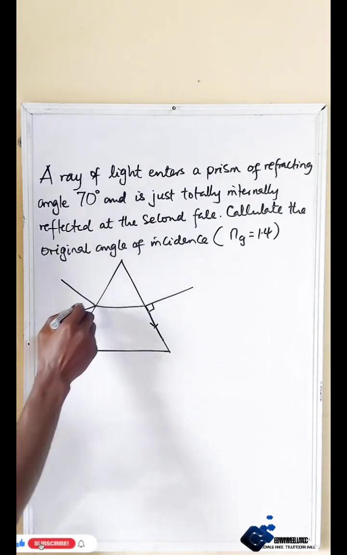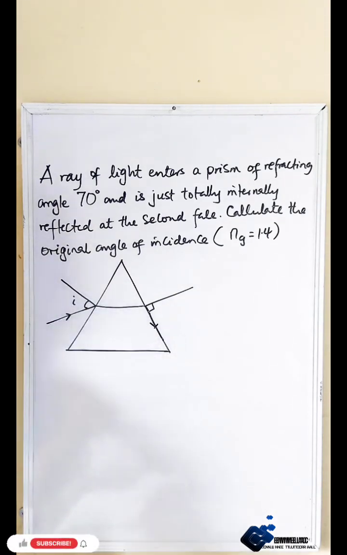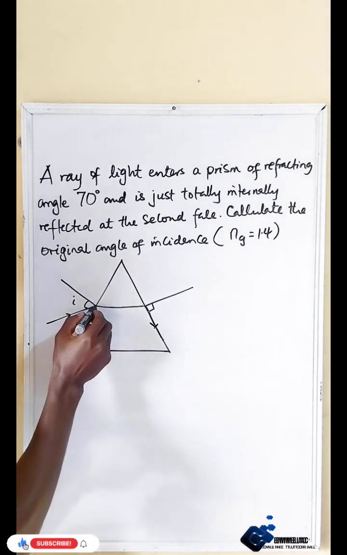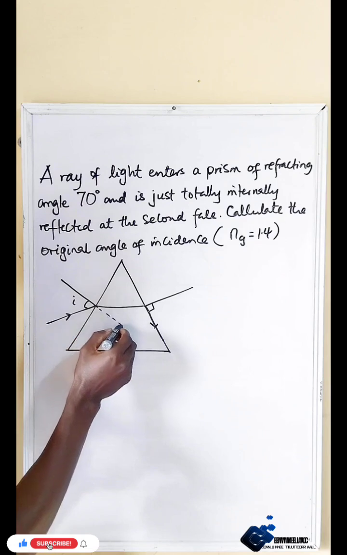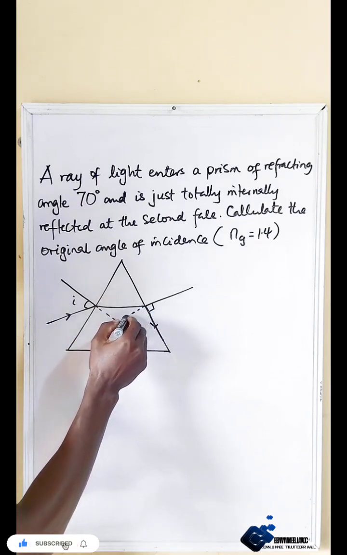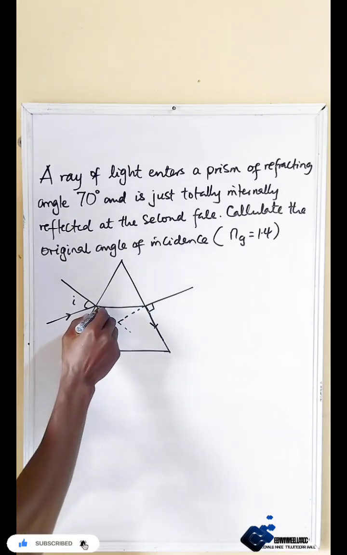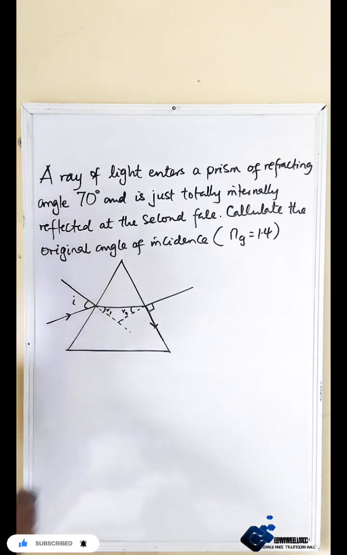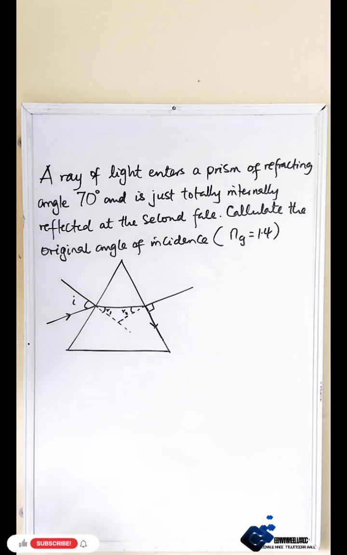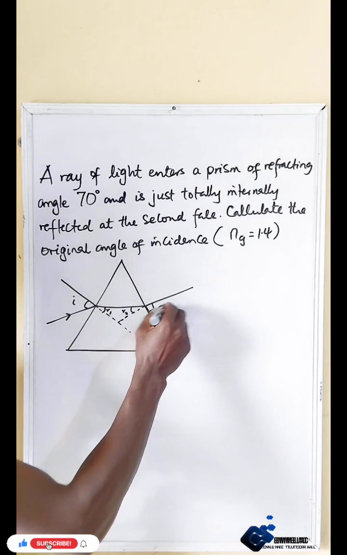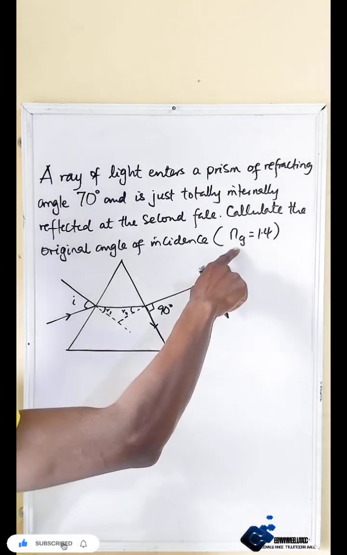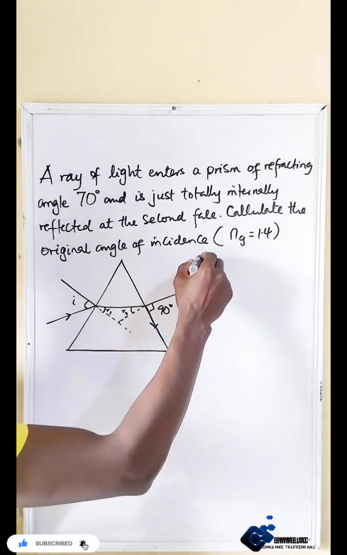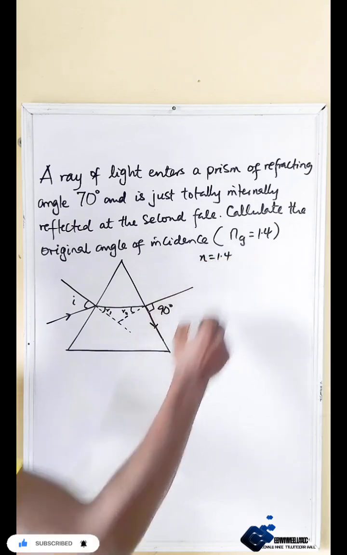Here we have our i, this is our R1 and this is our R2. Since here is 90, we are given that the refractive index of the glass, n, equals 1.4.